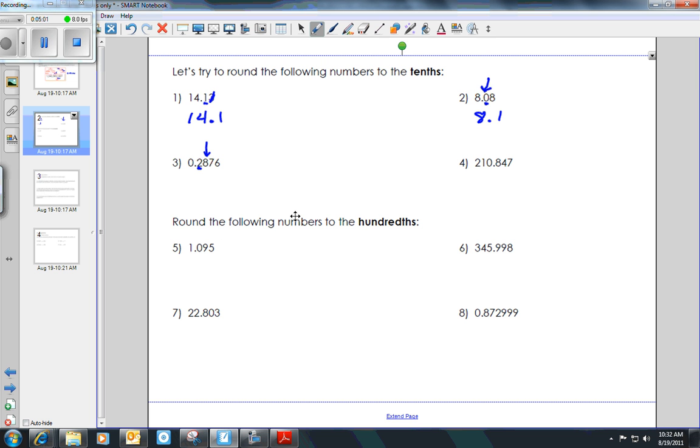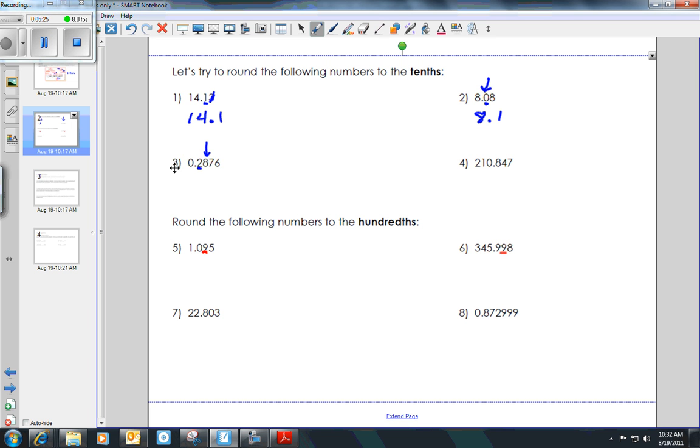So if I were rounding to the hundredths spot, if you take a look at your notes, you'll see in your place value chart that the hundredths spot is 2 digits to the right of the decimal. That makes number 9 here. And for problem 6, it's also going to be a 9 there.